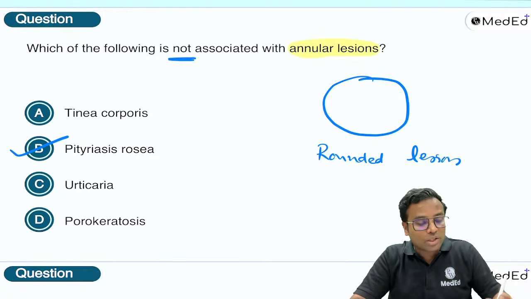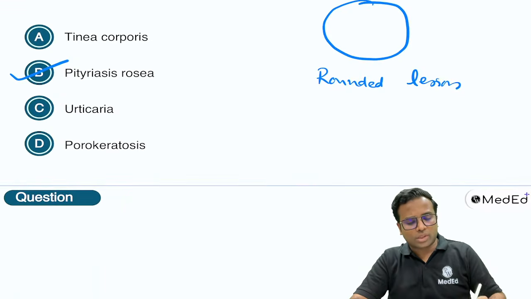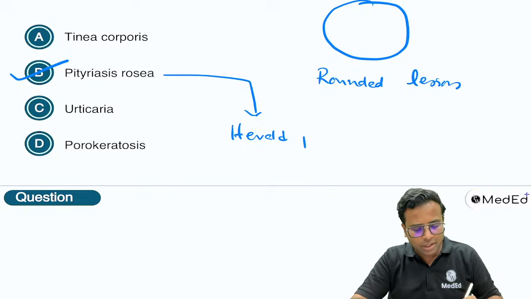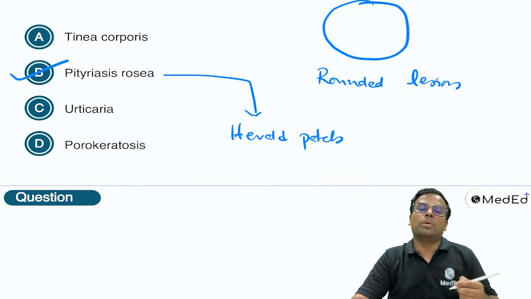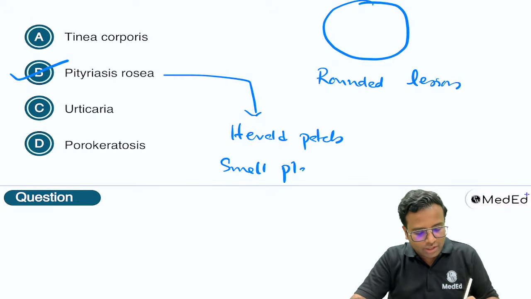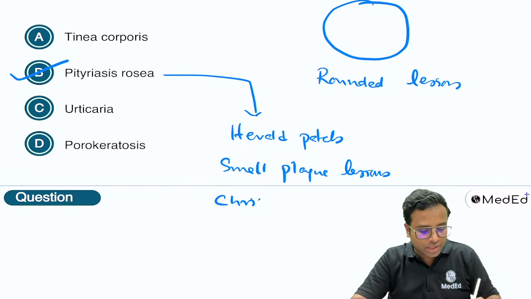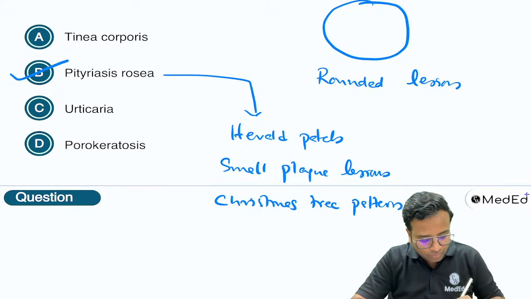So the correct answer should be Pityriasis rosea, because in Pityriasis rosea, we usually mention that there is something called a herald patch, or the mother patch, followed by small plaque lesions in the trunk, and these lesions will have a Christmas tree pattern of rash.